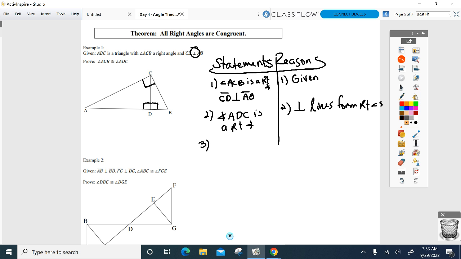I don't care how beautiful your diagram looks. I don't even look at it when I grade your tests and quizzes. I look at what's in the statements and reasons. So if you're going to tell me right angles are congruent, you better have that they are right angles. And that's how I use this new fact.